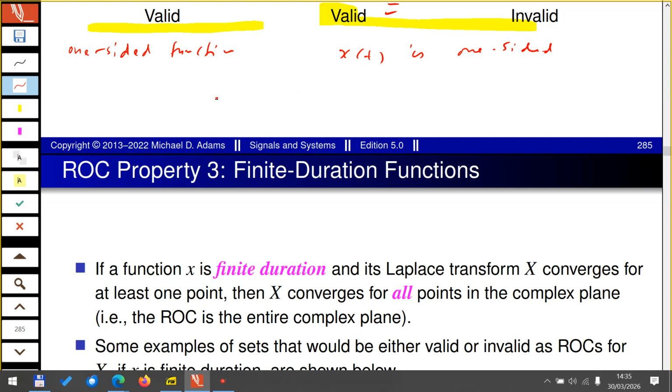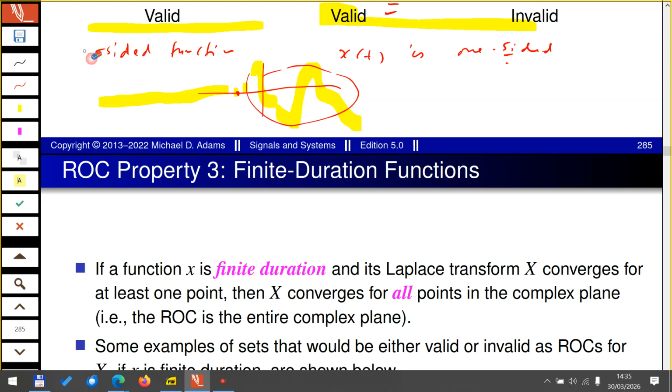One-sided means that if you have a function and you graph it, there must be a point, and that point can be anywhere. Let's say it is here, where the function must be zero to the left of it. It can be anything to the right. I don't care what happens there, whether it's zero or not. One-sided is actually not a good word.